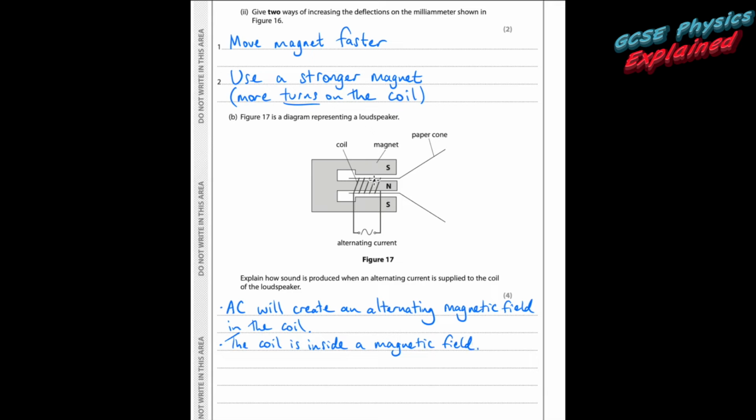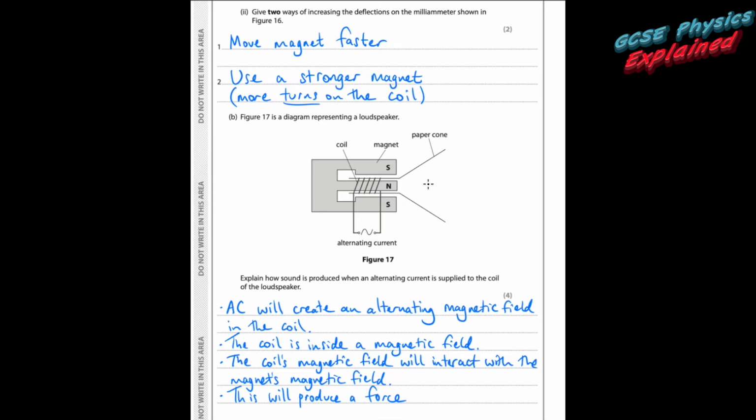So basically, the magnetic field in the coil is now going to interact with the magnetic field of the magnet, and that's going to produce a force. The coil's magnetic field will interact with the magnet's magnetic field. This will produce a force.